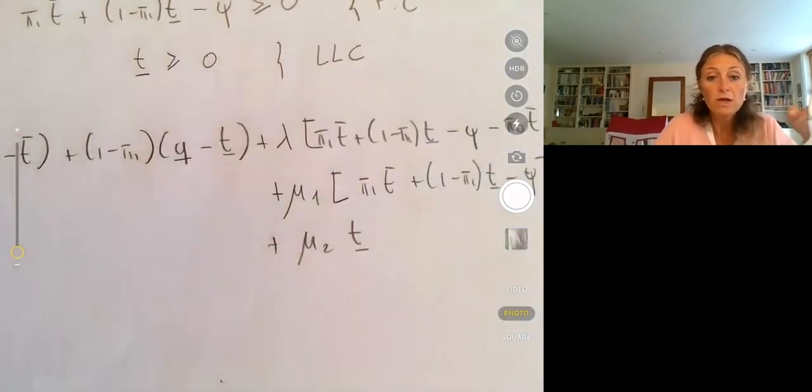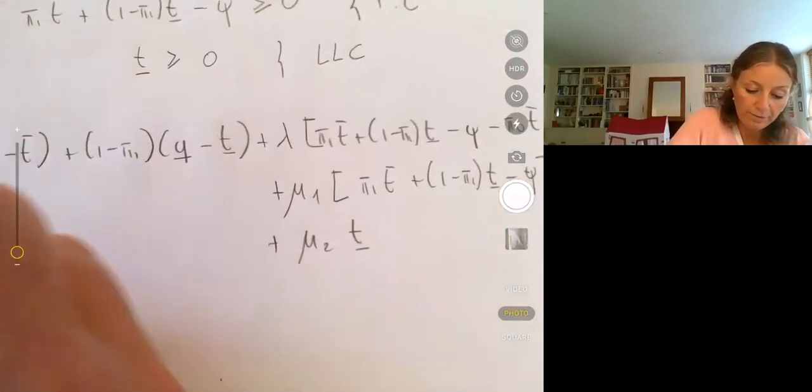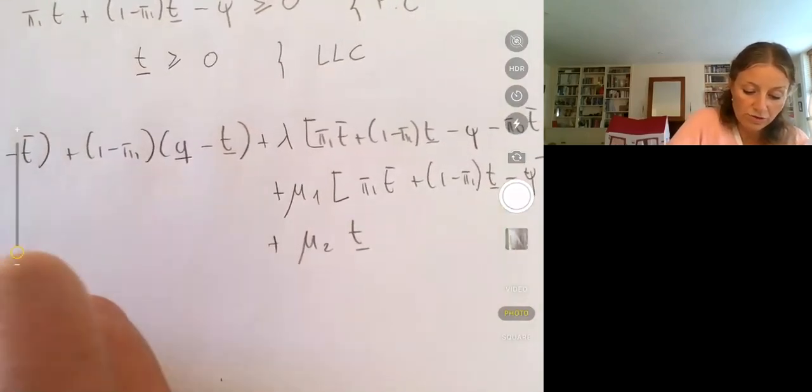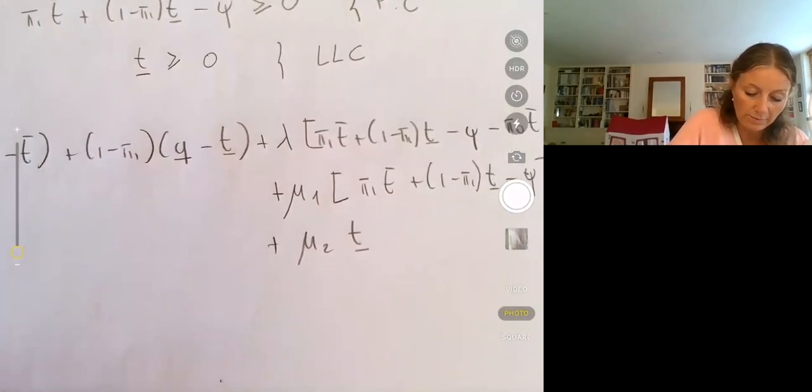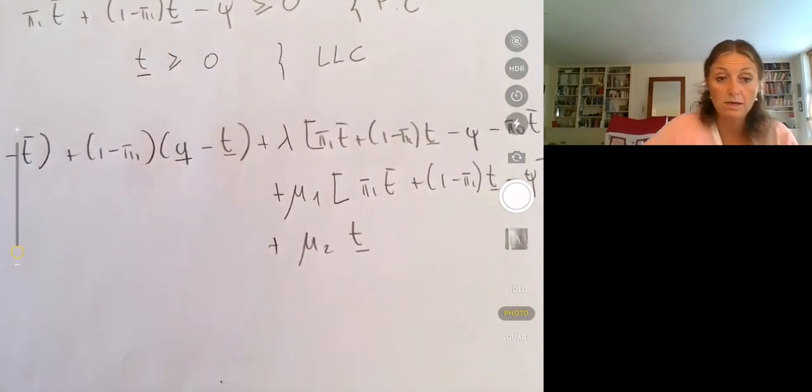Exactly as we did before, we can now partially derive the Lagrangian function with respect to T upper bar and with respect to T lower bar.